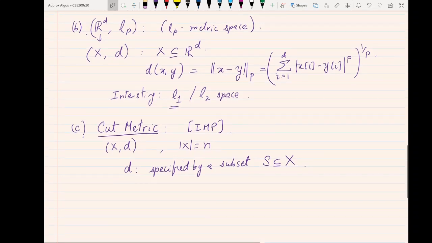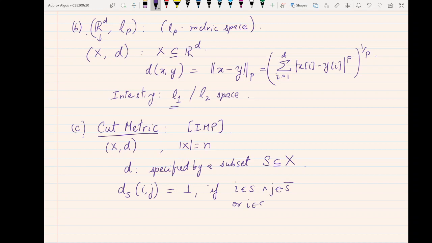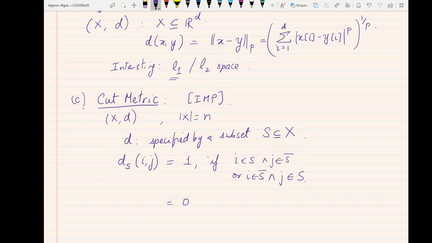And how does the distance function come into play? Well, based on the subset, we say that for 2 points, d_S of ij is equal to 1 if i is an element of S and j is an element of S complement, or i is an element of S complement and j is an element of S, that is, one of them lies in S and the other lies in S complement, and 0 otherwise.